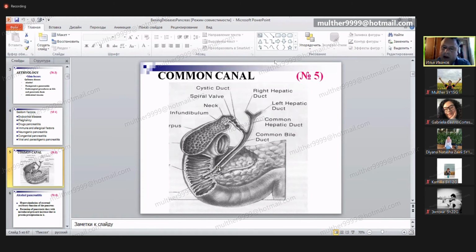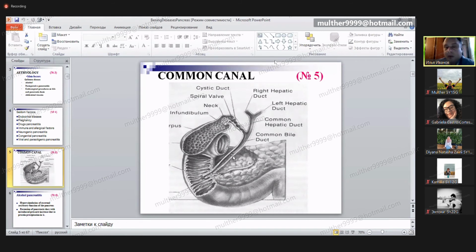I mean the presence of the big stones in the common biliary duct. It's a possible situation without the development of the cholangitis. It's a long time process, and the presence of the stones here, it's a real reason for compression of the main pancreatic duct.